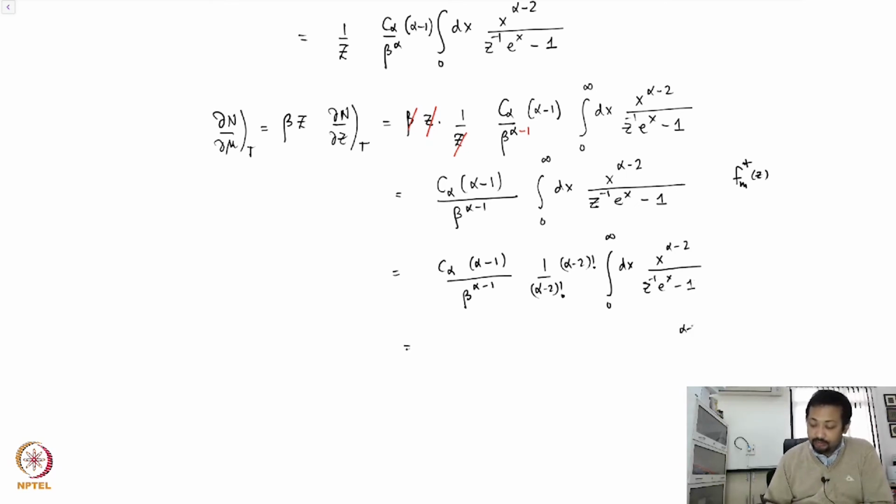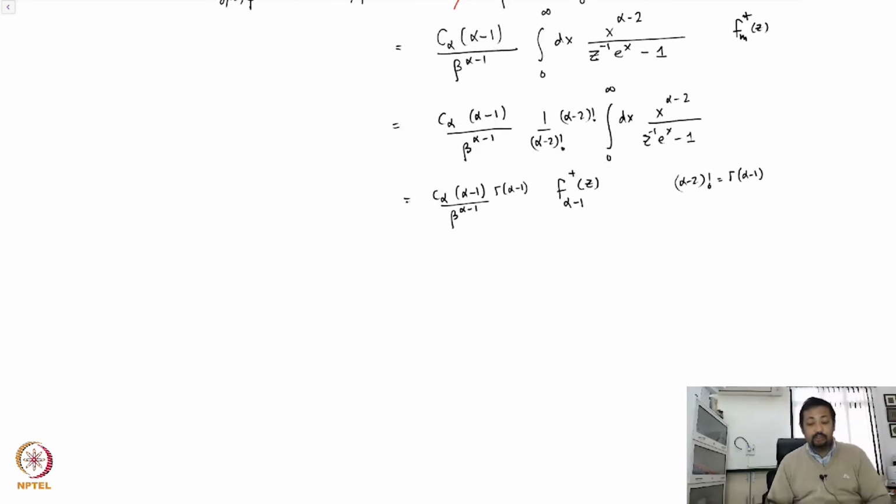This quantity alpha minus 2 factorial I know is gamma of alpha minus 1. So that I have C alpha alpha minus 1 divided by beta alpha minus 1, and then I have gamma of alpha minus 1 f of alpha minus 1 plus of z.